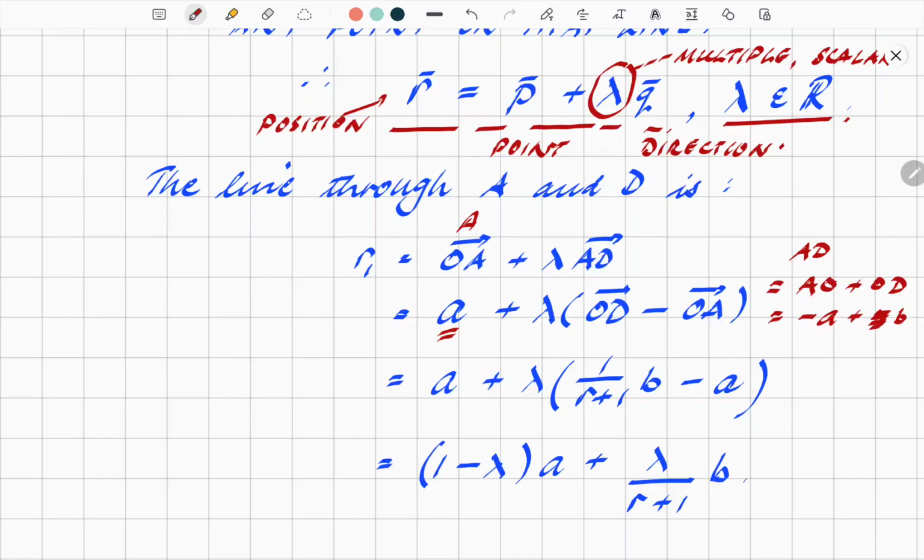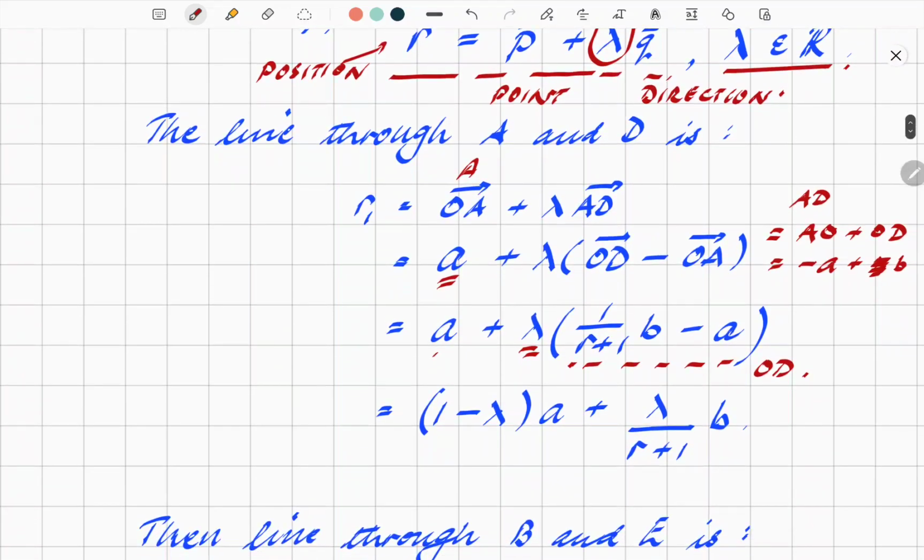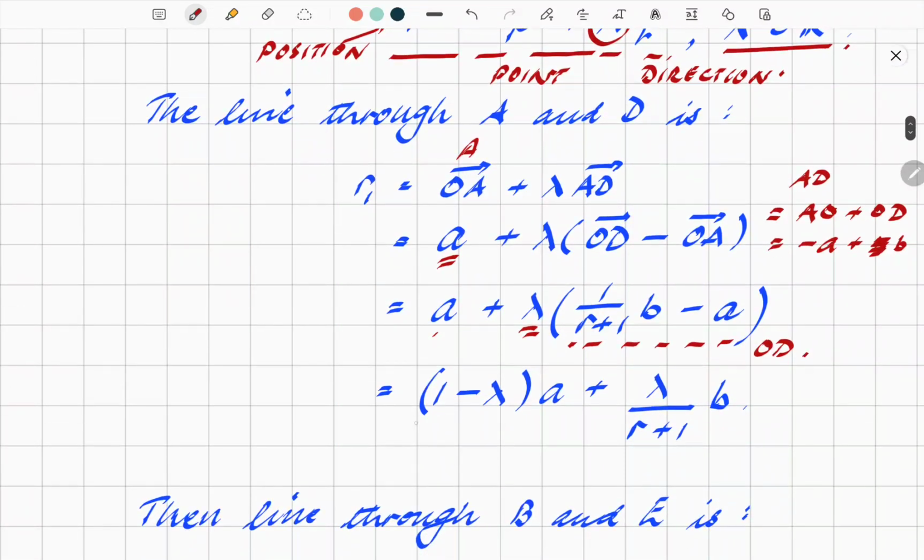When we actually work out the details of that, we have A, OD from what we did at the beginning of the question, 1 over R plus 1 times B minus A, the whole thing times lambda. All right. So this bit here is the OD component. Some multiple of B and minus A.